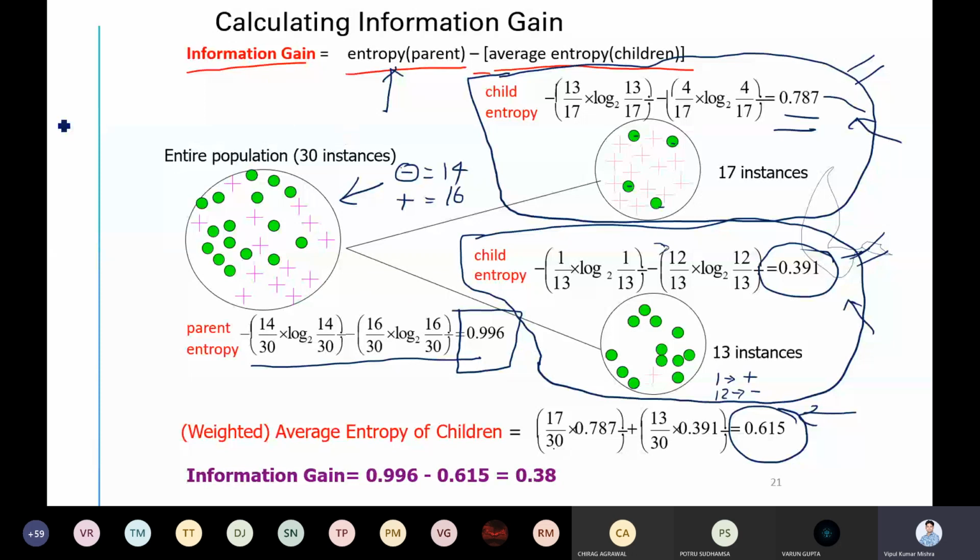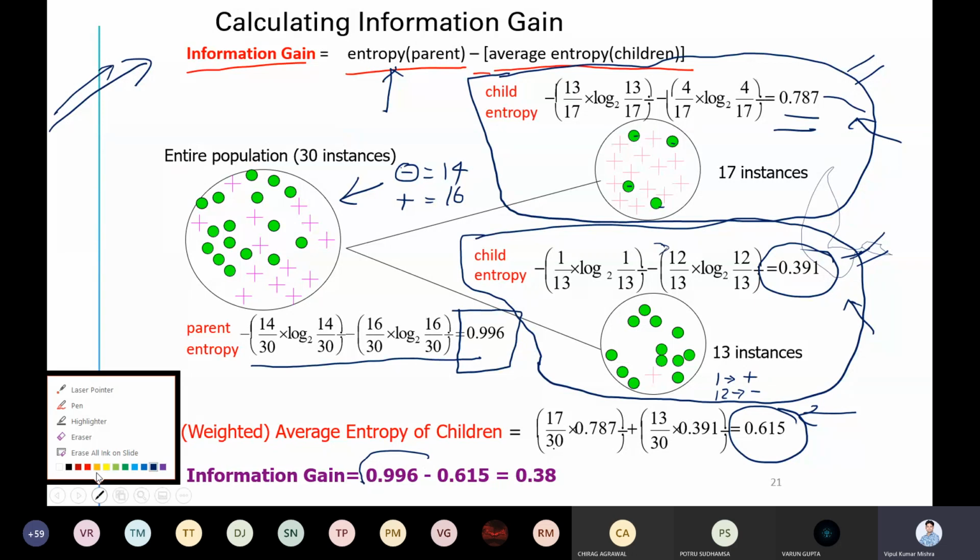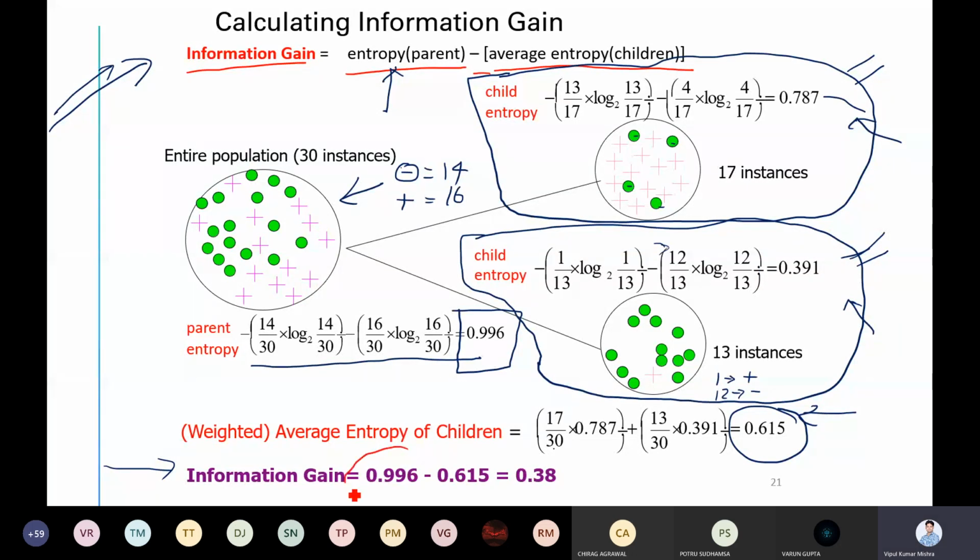Now you will put all the values in this formula. This is the parent entropy that is coming from here. This is the weighted child entropy that is coming from here, right?